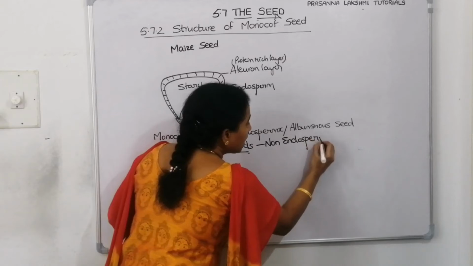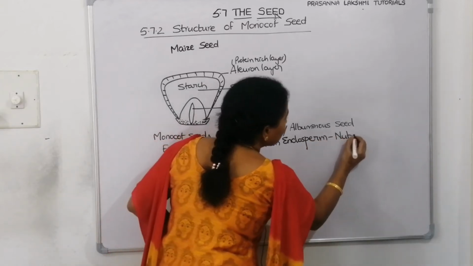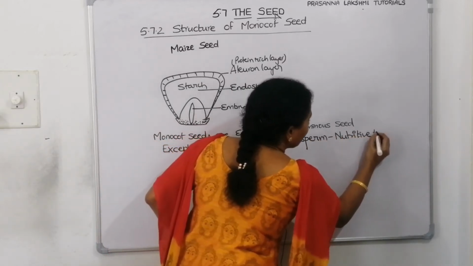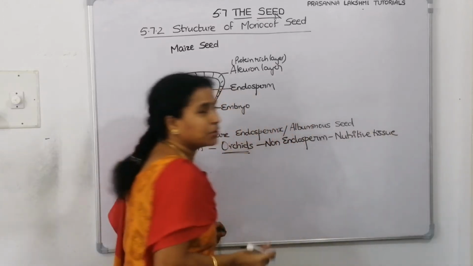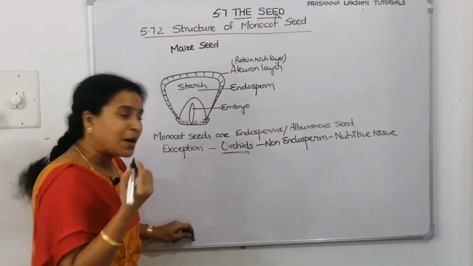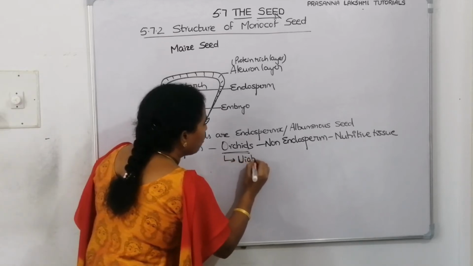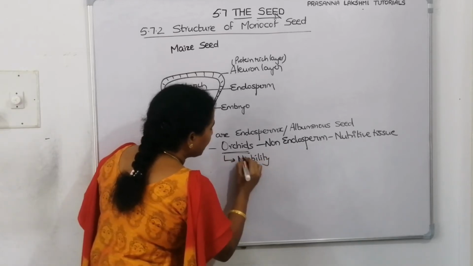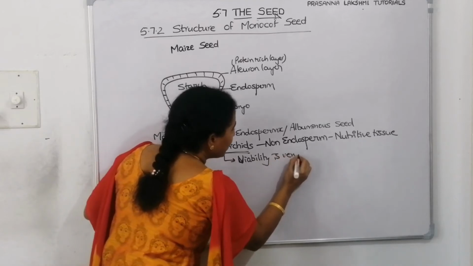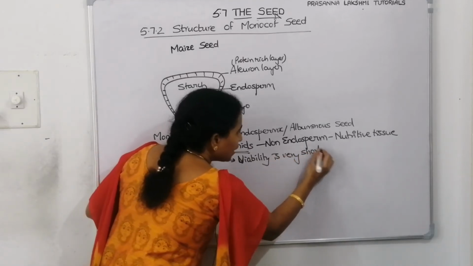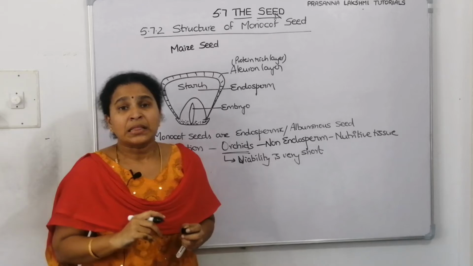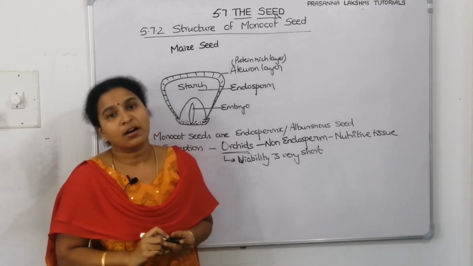What is endosperm? Endosperm is a nutritive tissue. Now, when the orchids are not having nutritive tissue, their viability, their lifespan will be very short. Within a very short span, they die. Then, how can you cultivate such orchid plants?